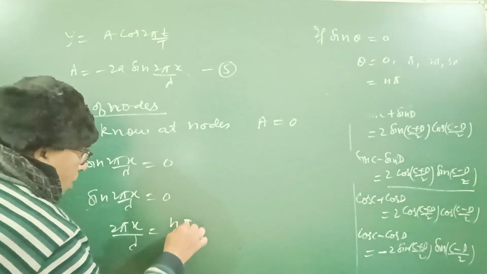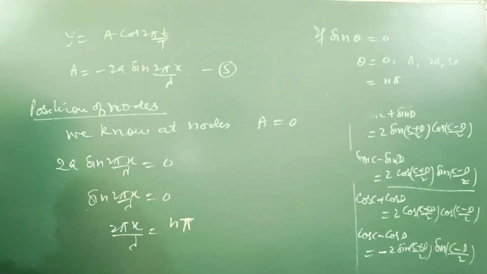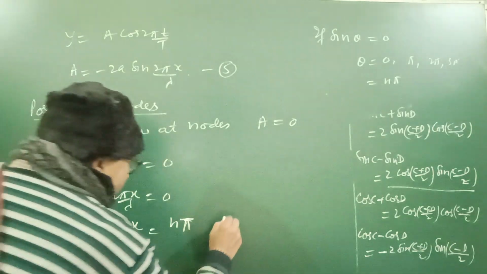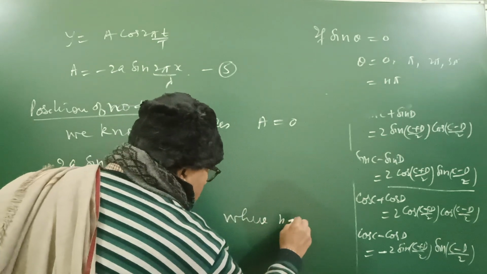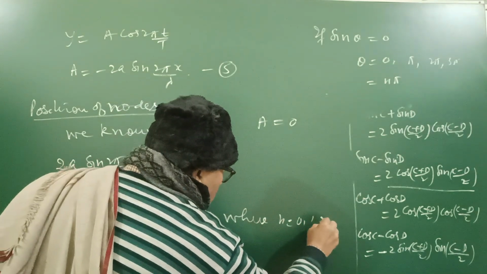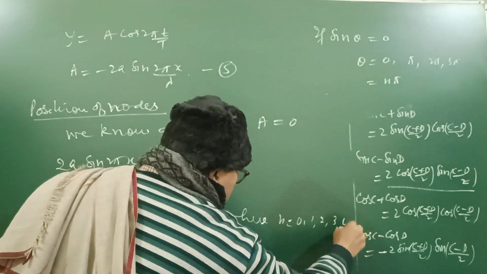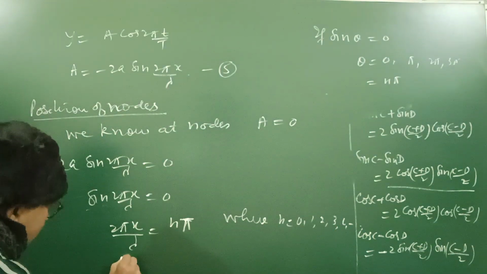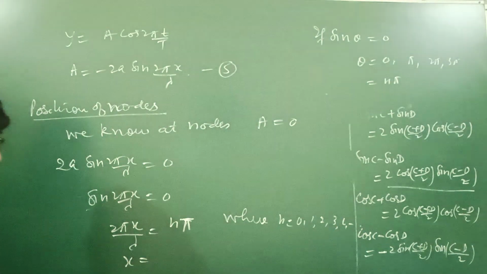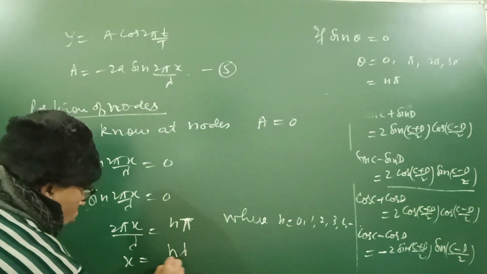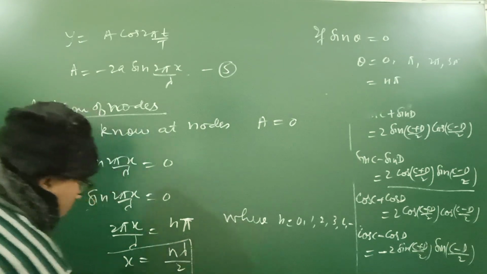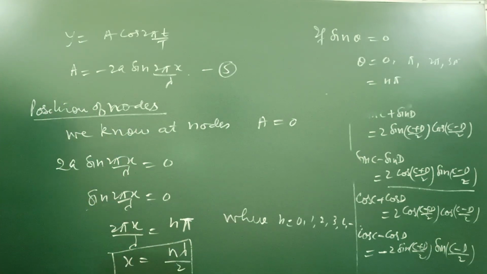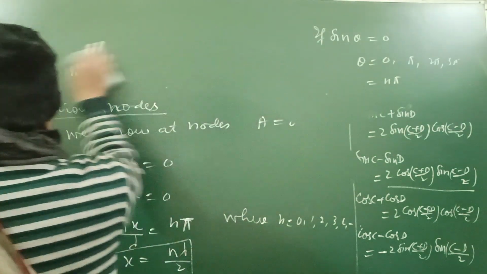Pi radian means 180 degree. Where n equal to 0, 1, 2, 3, 4 and so on. So here we get x equal to n lambda by 2. Position of node will be obtained by this equation, putting n equal to 0, 1, 2, 3.